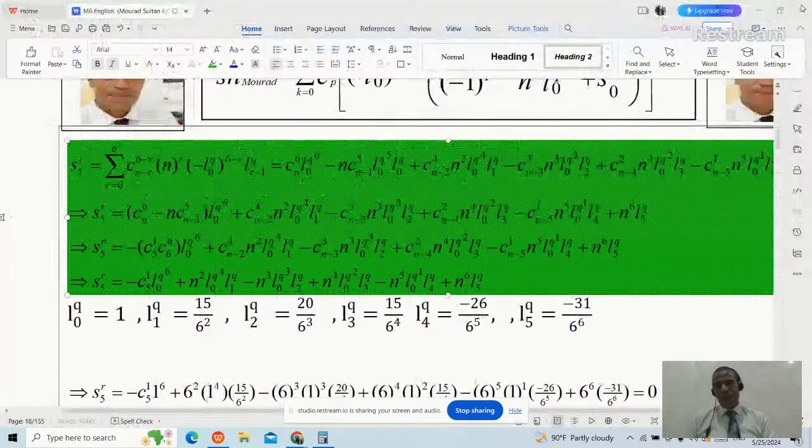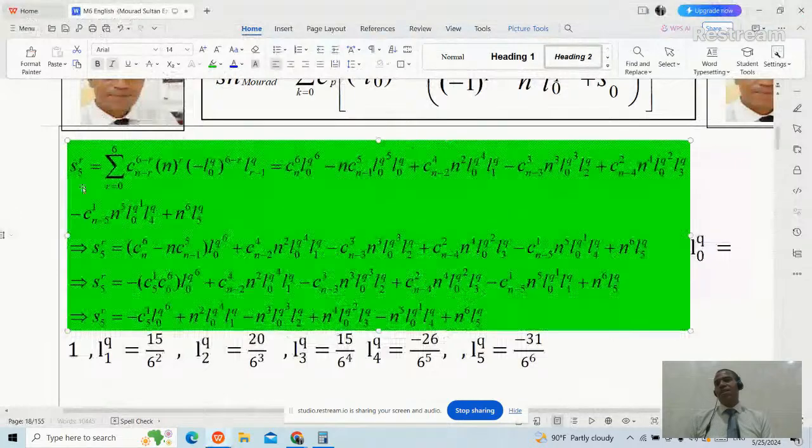Therefore, now learners, when putting k equal to 6, it means 6 minus 1 is 5. So S5 of order R is the sum where R starts at 0 and ends at 6, combination n minus R choose 6 minus R, n raised to the power R, times negative L0 of q raised to the power 6 minus R, then multiplied by L R minus 1 of q.